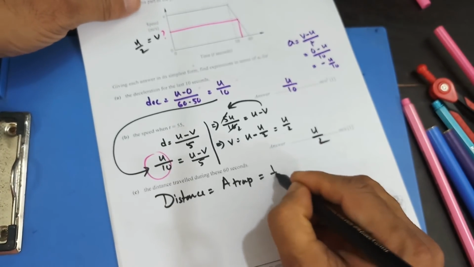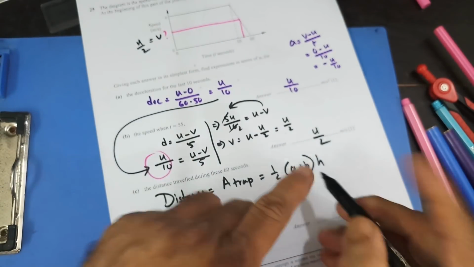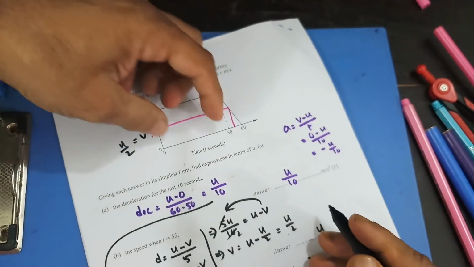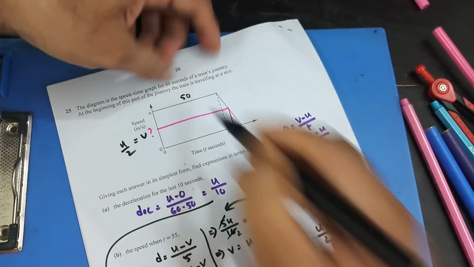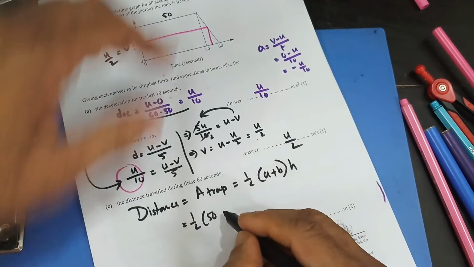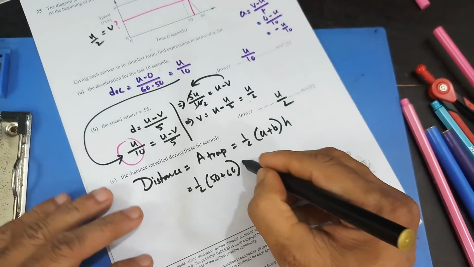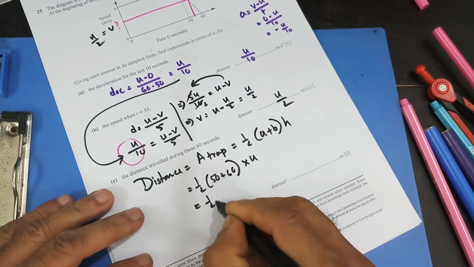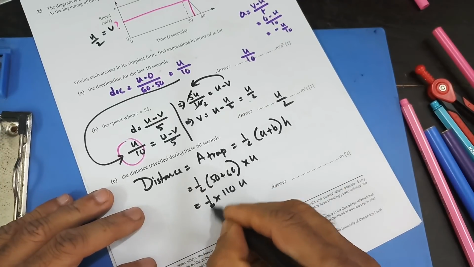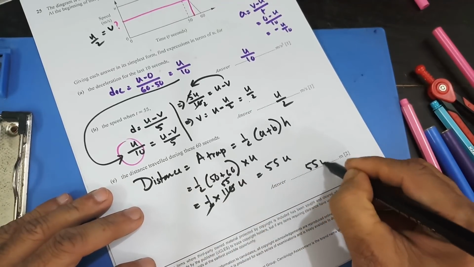The area of a trapezium formula is half times (a plus b) times h, where a and b are the lengths of the parallel lines. So a is this 50, and this line is 60, so plus 60, and the height is u. So half times 110 times u, and cross out 55. So it's 55u meters.